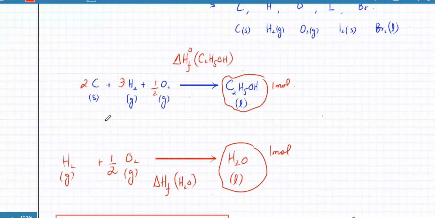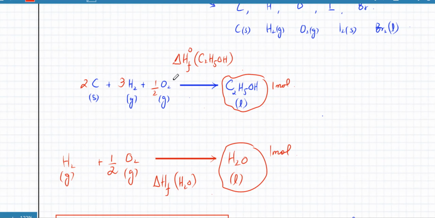You would have to break bonds from the elements, like the HH bond has to be broken, the OO bond has to be broken, and then you're going to form new bonds to form the substance. So in enthalpy of formation, bond breaking and bond formation are both going on, so it would depend. Sometimes it would come out to be endo, sometimes exo. If the bonds are really strong in the elements, then it would come out to be endo.